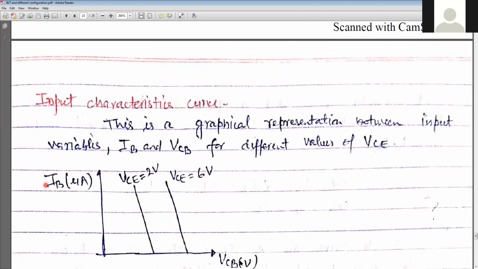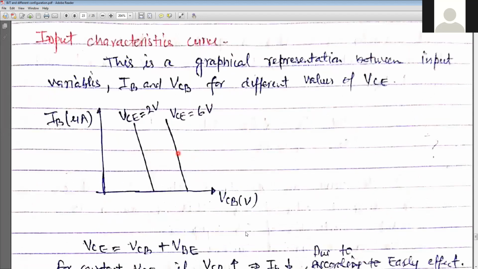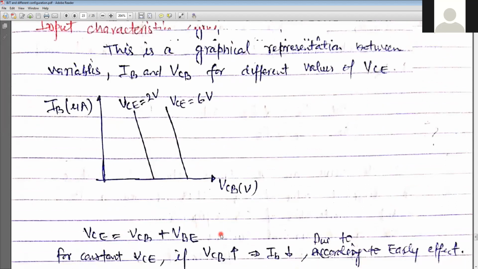This is IB and this is VCB. IB is the base current, so that will be in the microamp order, for different VCE. This VCE is nothing but VCB plus VBE: the voltage of the collector-emitter is the collector-base plus base-emitter.